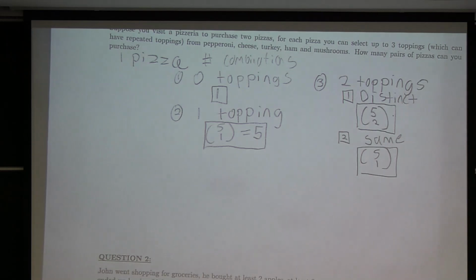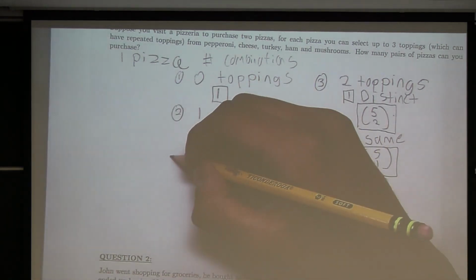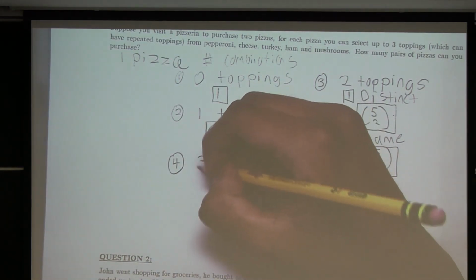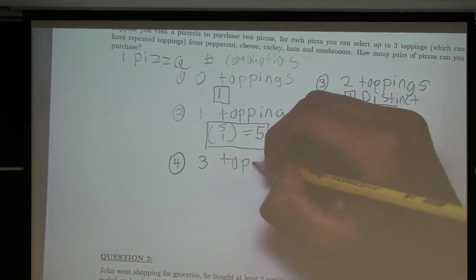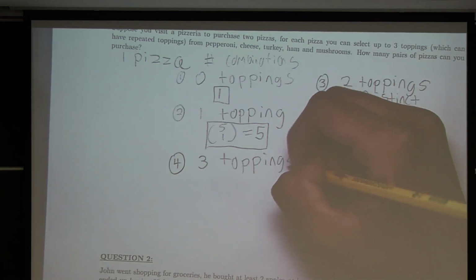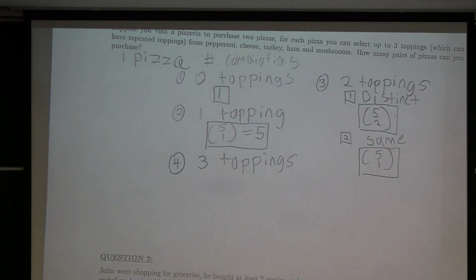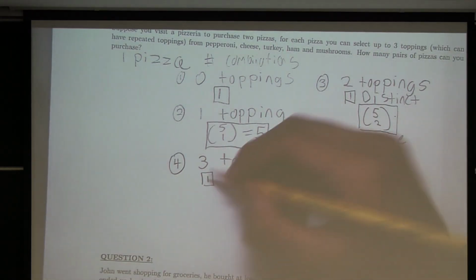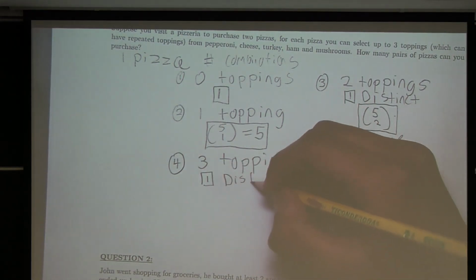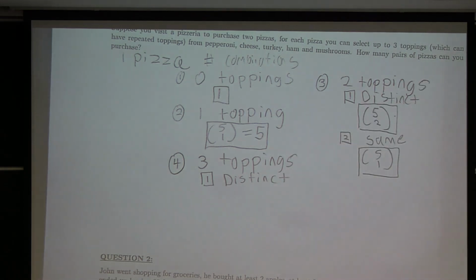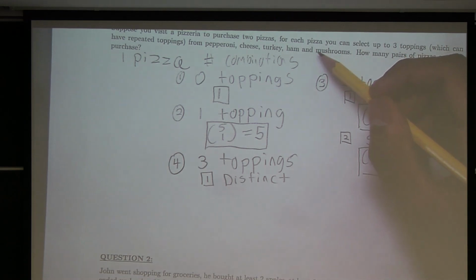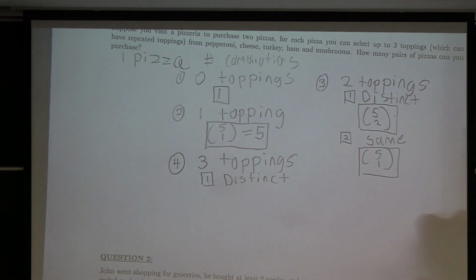Now we're at our last case. The maximum number of toppings we can have in a pizza is 3 toppings. So the first scenario is if all the toppings are distinct. In this case, we have 5 possible toppings, and we just want 3 different toppings.